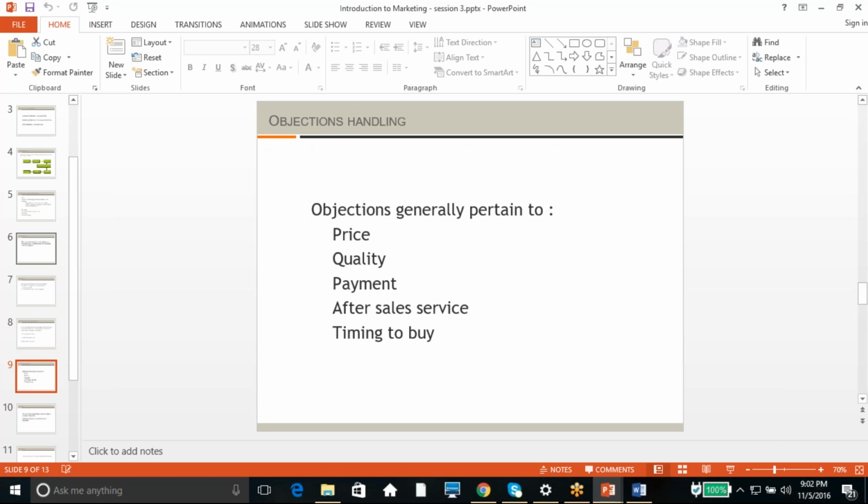We call it objection handling because a customer, when he has to take out the money, is trying to find reasons why he should not buy and raising certain objections. Those objections have to be around the product or the service, and therefore they can only be related to five things: price, quality, payment terms, after sales service, and the timing to buy.